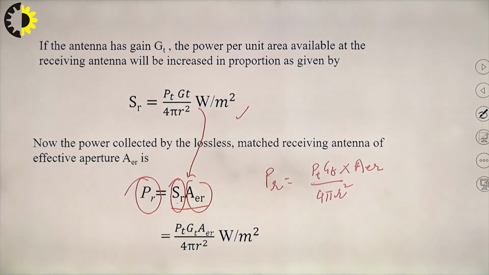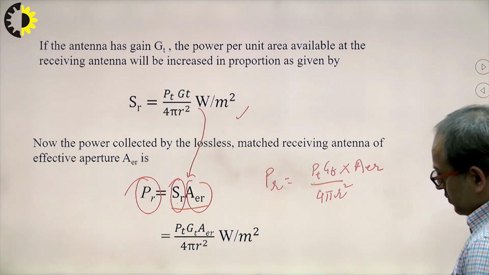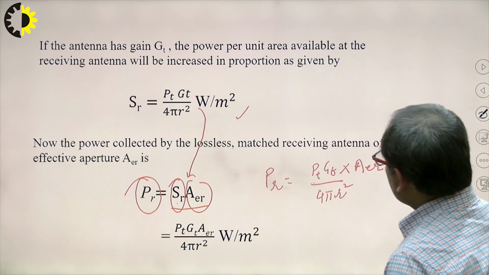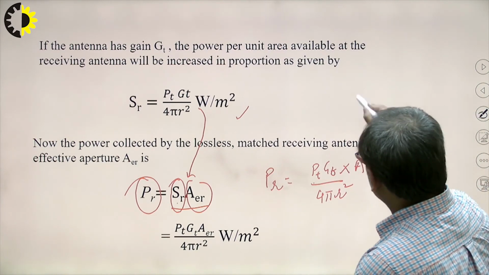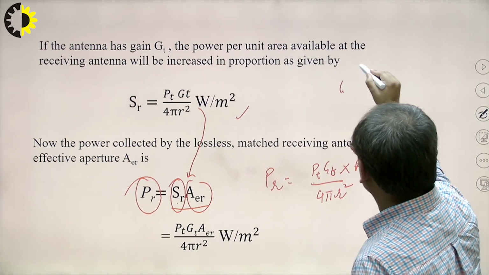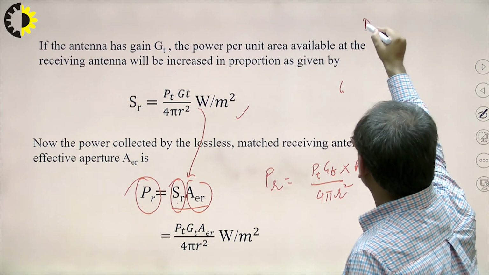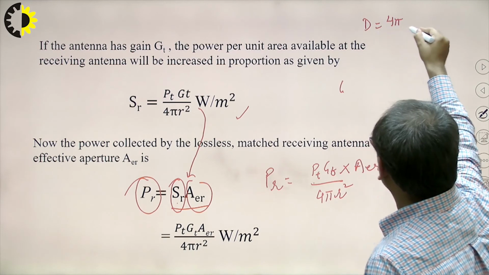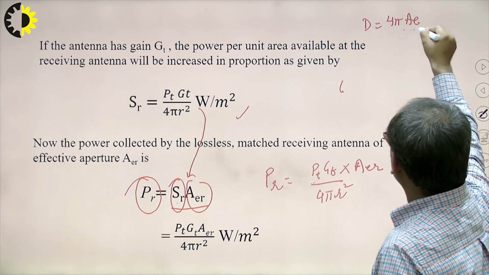Clear. Now see this GT. I have already told you there is a relationship between directivity and the physical aperture area, that is, D equals 4 pi AE divided by lambda square.